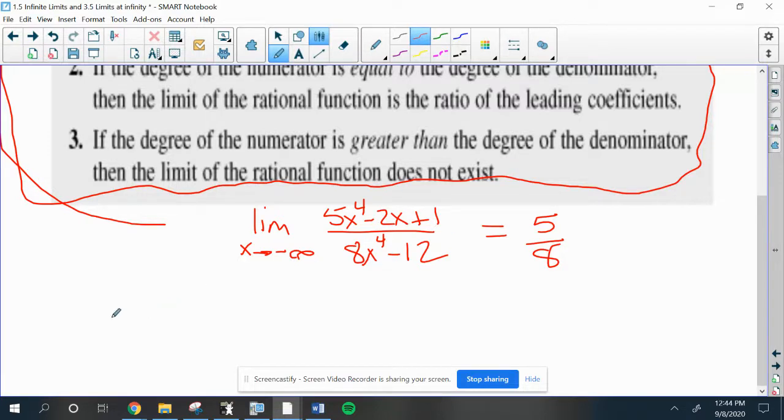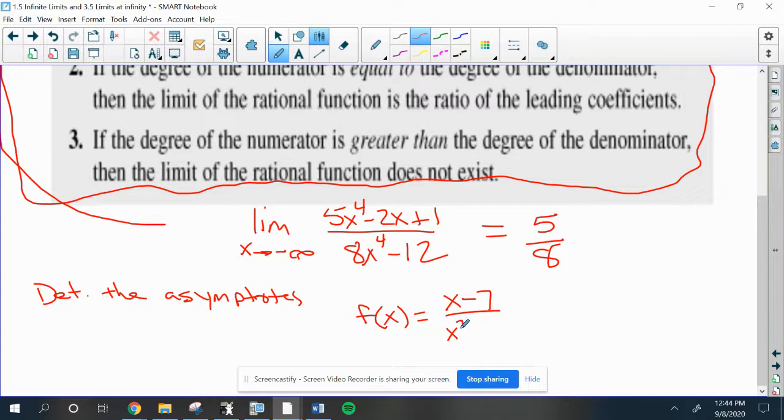Now, you could ask the question this way. Determine the asymptote of the function f of x equals x minus 7 over x squared plus x.